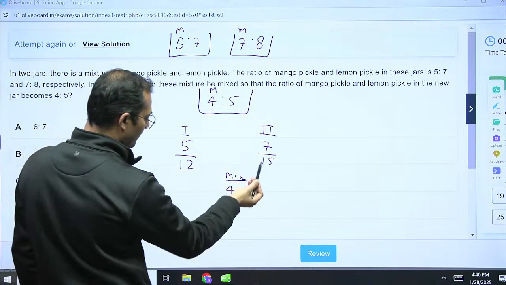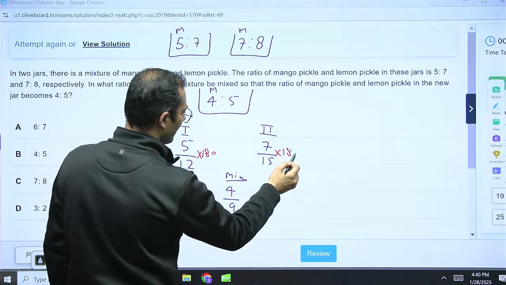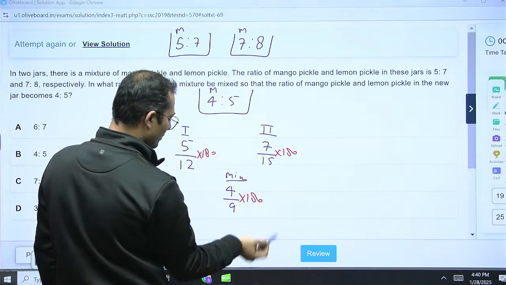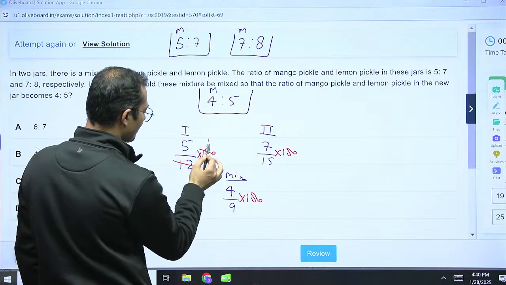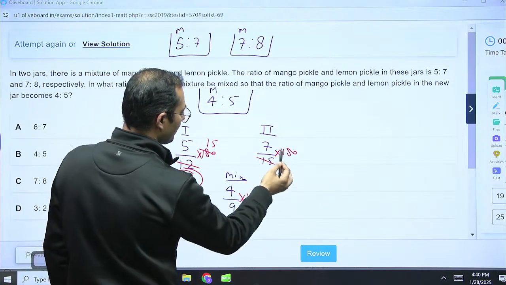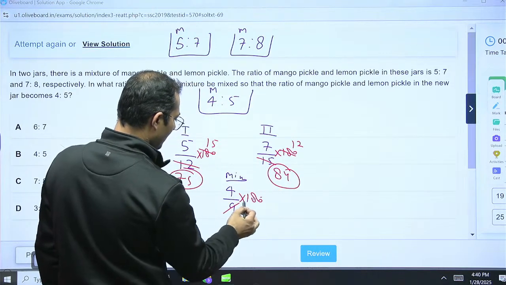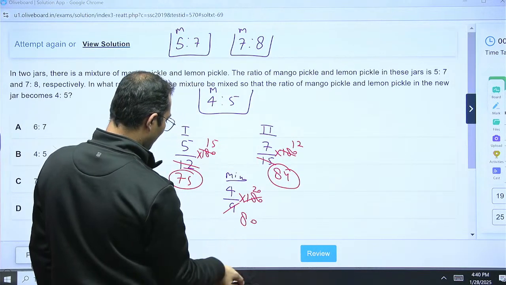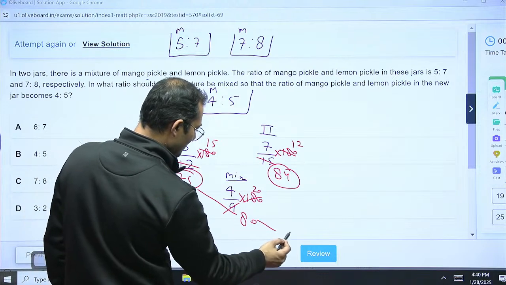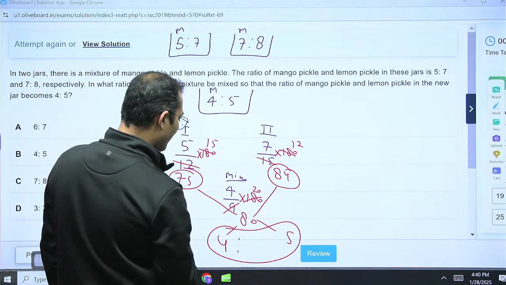So 12, 15, 9, LCM is 180. So just multiply by 180. So this is the simplest way to do this. Okay, so by 12 it is 15 times, 15 into 5, 75, right? So by 15 it is 12. So 12 into 7, 84, right? By 9 it is 20, so I will get 80. So take the difference, difference is 5. Okay, so here the difference is 4. So 4:5 is the right answer.